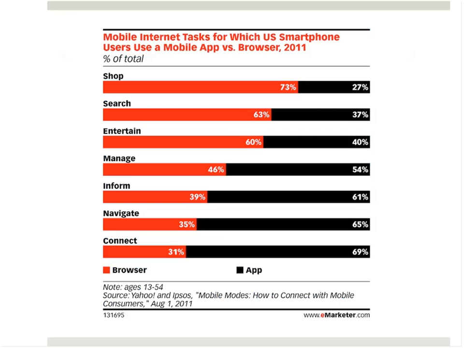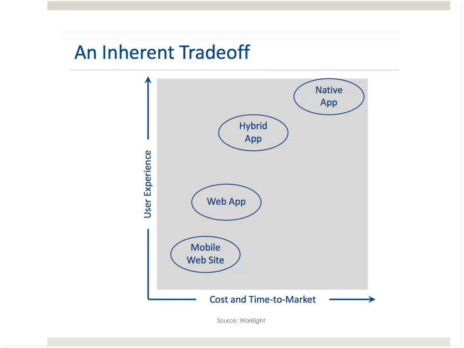So another factor to consider: what sort of organization are you? What are you trying to achieve in delivering a mobile experience to your customers? Again, here's an easy visual representation. So you can see that the different types and the different formats have very different trade-offs.